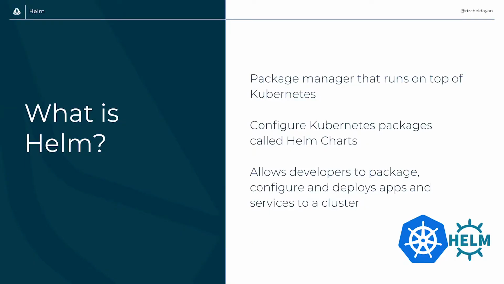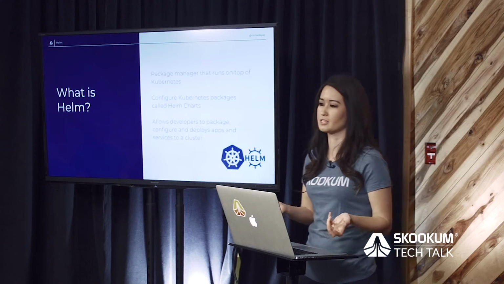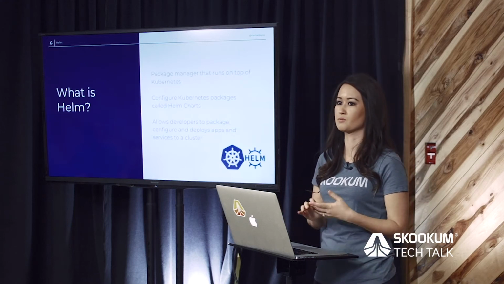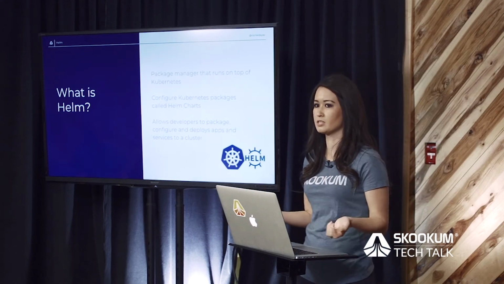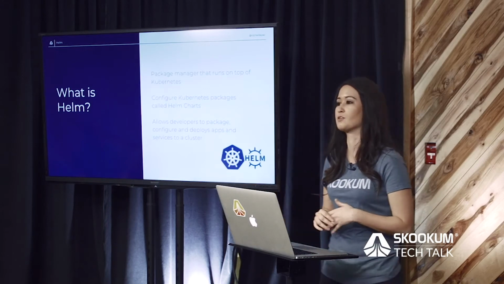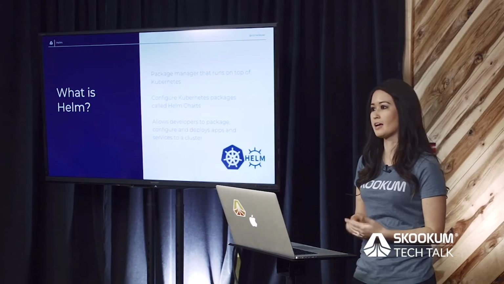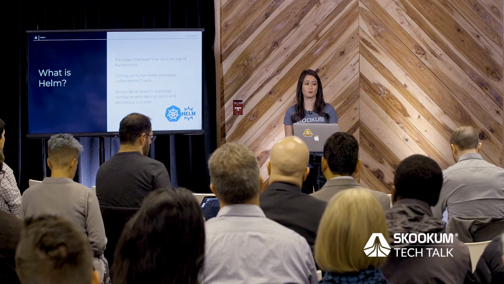You configure Kubernetes packages called Helm charts. For example, if you're using WordPress for a specific application, instead of having to write all the resources that you'd need to deploy that and get that out on your Kubernetes cluster, a Helm chart has all that information for you already.